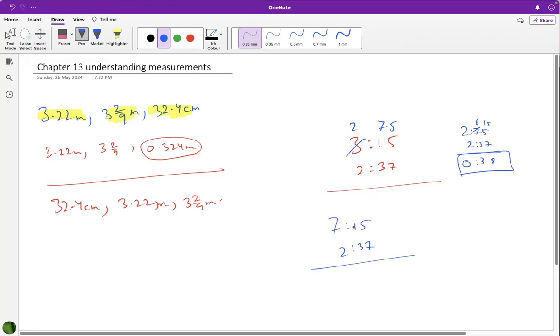But I need to convert that 15, so I'll take a carry. This is 6 and there goes 60. So this becomes 675 and then 237. The difference is 4 hours and 38 minutes. Oh, so we just always have to convert the highest number. Yes. Okay.